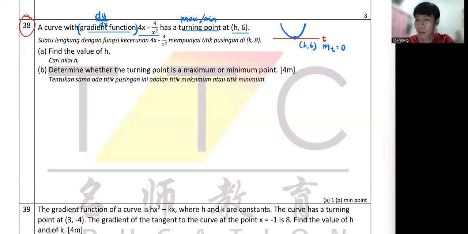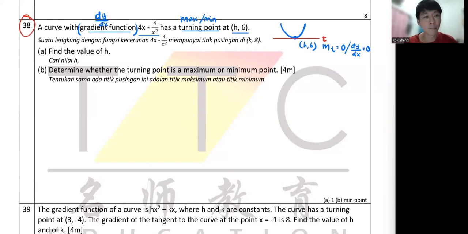So again, mt equals dy dx. So besides mt equals 0, it will be the same as dy dx equal to 0 for the turning point. So this is all the info based on the picture.